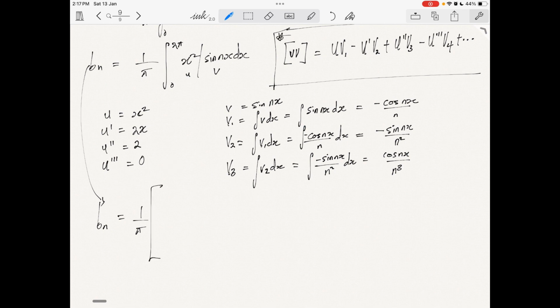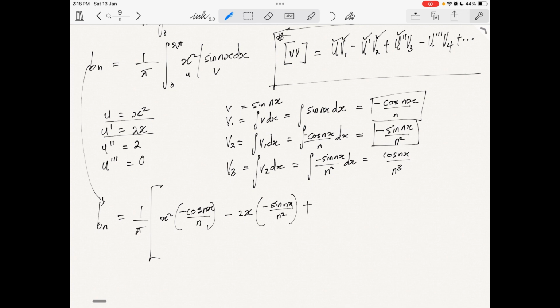We are applying this formula here, starting with u, and u is x squared, followed by v1. v1 is minus cos nx over n, minus u1, which is 2x, followed by v2, which is minus sine nx over n squared, plus u prime prime, which is 2, followed by v3, which is cos nx over n cubed.